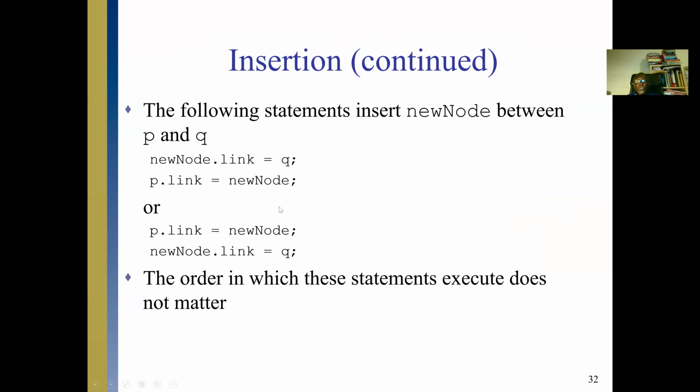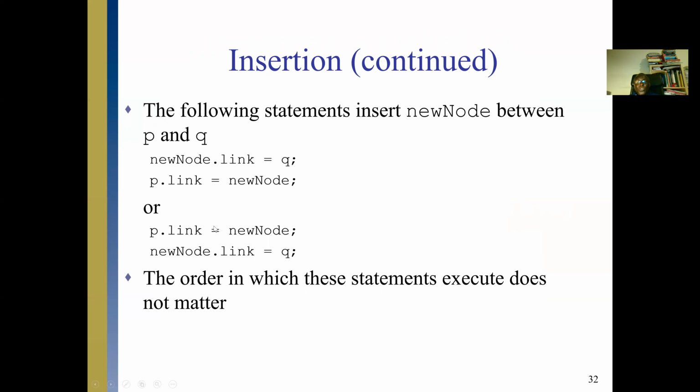So we assign Q to the new node.link. Then we assign the new node to the P.link, or we can say the new node's address assigned to P.link.